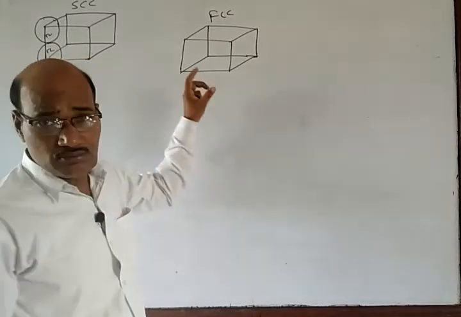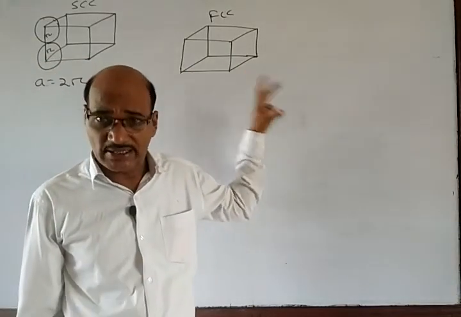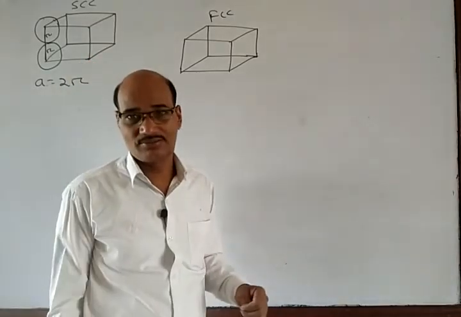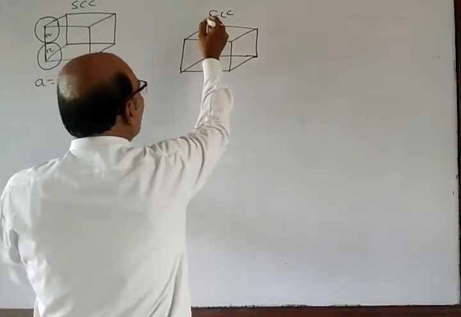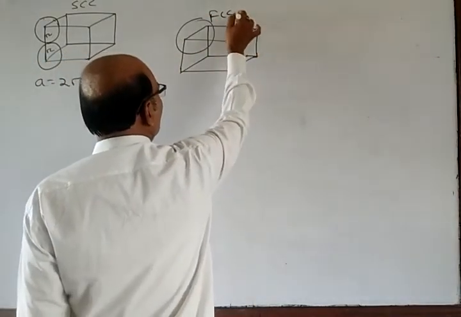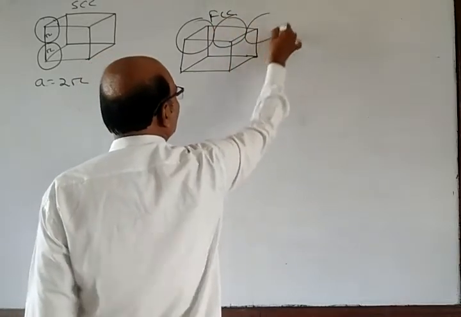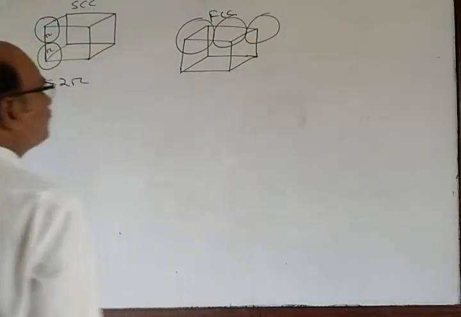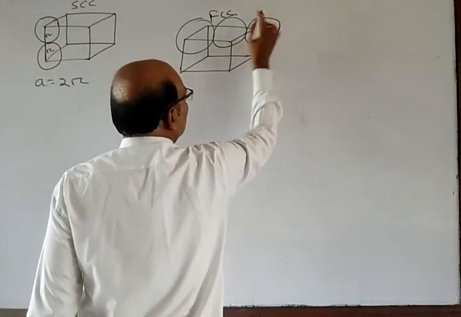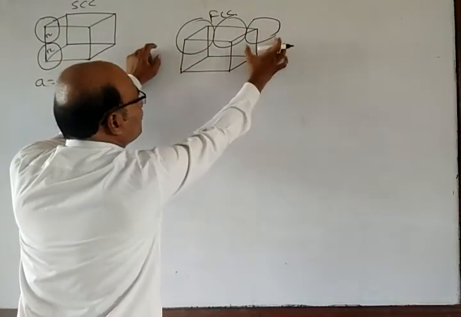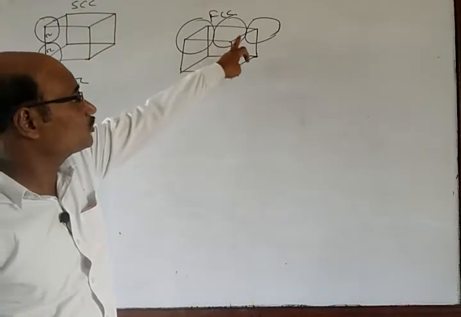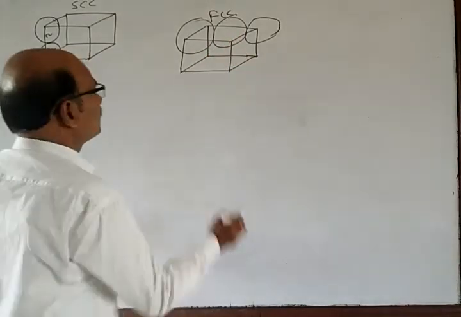Now the atom present at the face does not allow the corner atoms to touch each other. Here is the face atom and here is the corner atom. So this face atom is not allowing the corner atoms to touch each other, right?